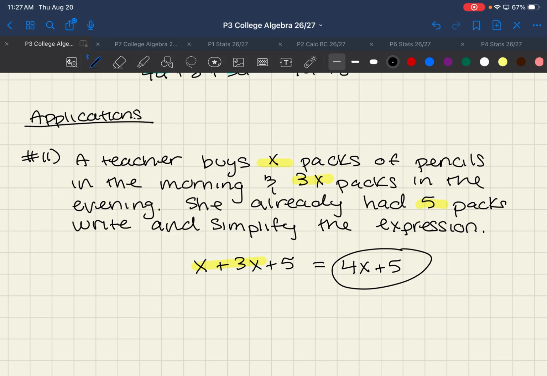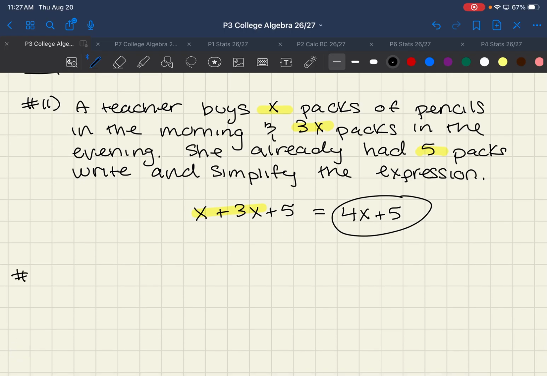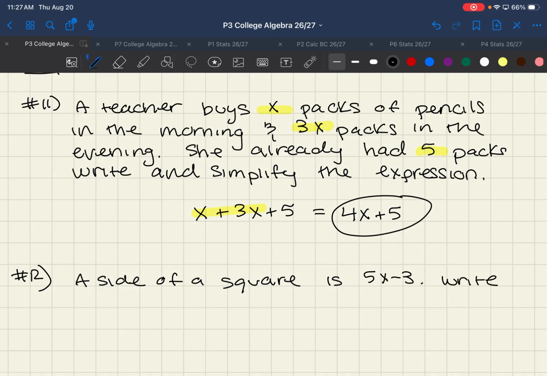So if one side is 5x minus 3, what do you think the other sides are? 5x minus 3, 5x minus 3, 5x minus 3. So we could simply add all the sides together, okay? Or, since they are all the same value, we could take 5x minus 3 and multiply it by what? 4. So we could do 4 parentheses 5x minus 3.